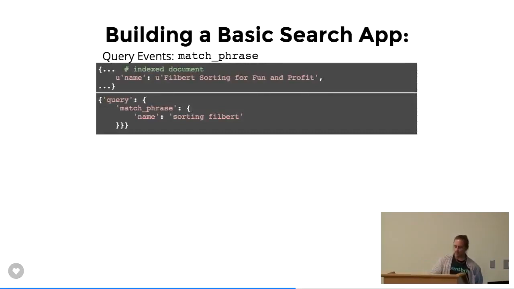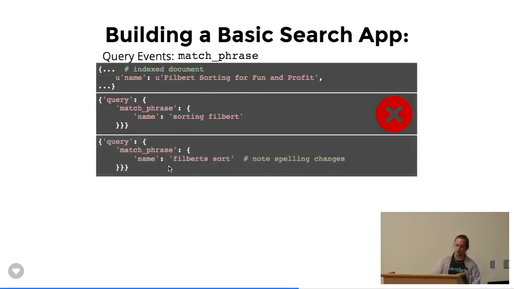Getting more and more complicated because your application has to have a lot of different ideas mixed together. You can do phrase matching. So not only do we have the notion of matching documents that have these terms, but we want a document that has the term sorting and Filbert in it in that order. This is not a match because the original document had Filbert sorting.